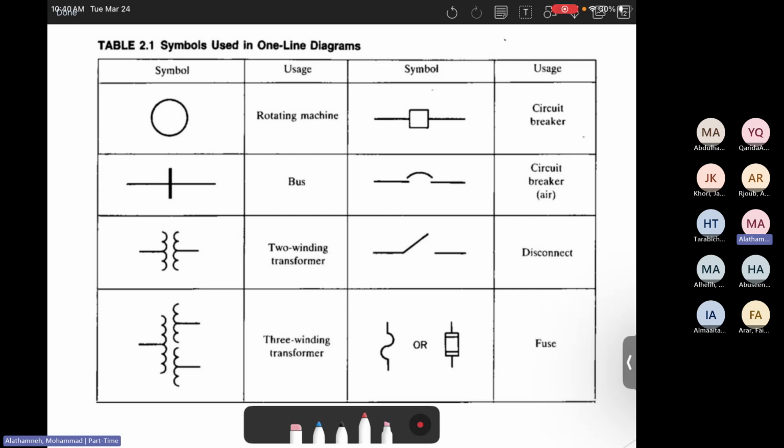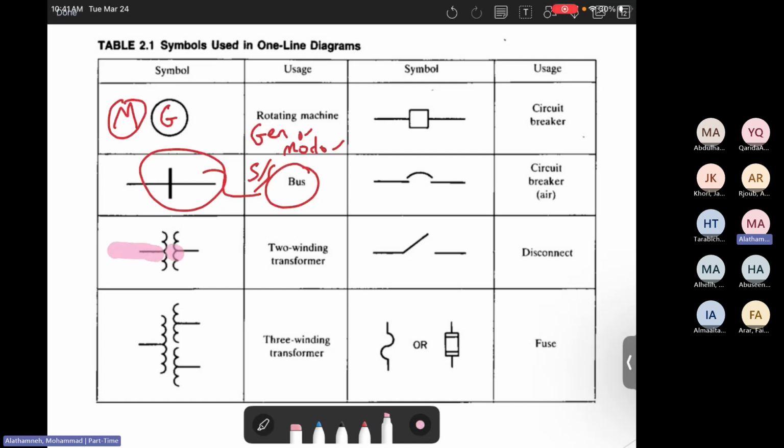When you see a circle, this means this is a rotating machine. It can be either a generator or a motor. So there must be the letter G for generator and the letter M for the motor. The other one, bus, which is the bus bar, this is the substation. Then the two winding transformer, the transformer that has one input, one output.